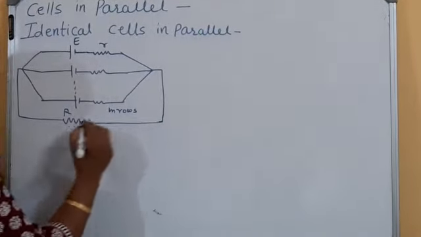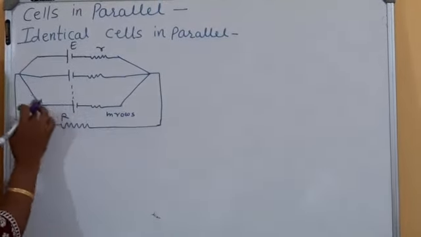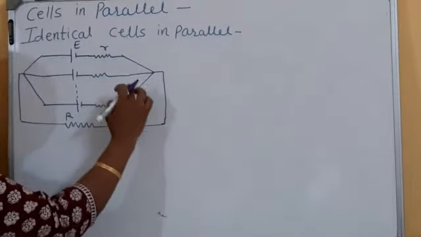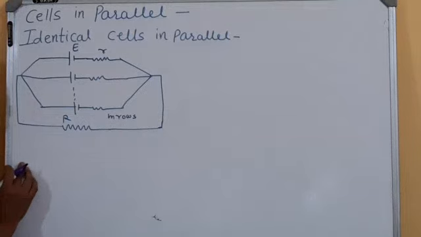Now what do you mean by cells in parallel? When all positive terminals we connect together and all negative terminals we connect together, then it is called the parallel combination.